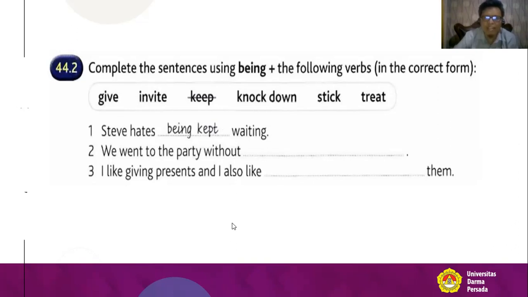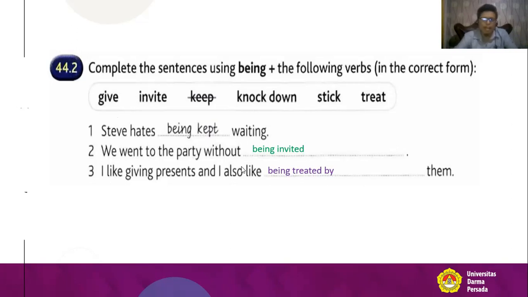Let's see, being invited. Correct. I like giving presents, and I also like being given. Let's see, knock down, stick, or treated. Being treated by the.